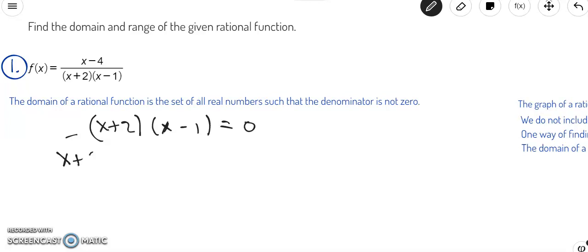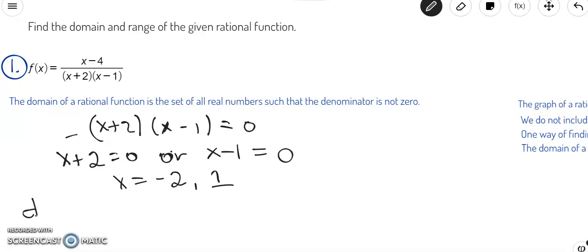So, magiging x plus 2 is equal to 0 or x minus 1 is equal to 0. So, ang values ng x na makakapag-0 sa denominator ay x is equal to negative 2 or positive 1.